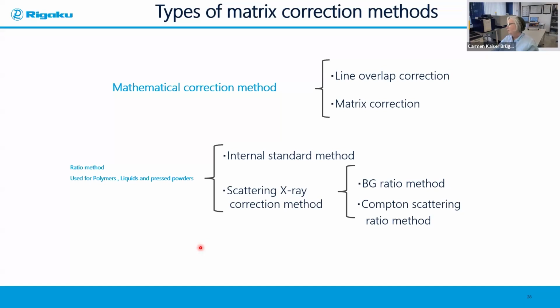Here we would use the Compton line. So, for example, if you have the rhodium tube, you would measure the rhodium K-alpha Compton line, and this would be a matrix correction. A very effective Compton scattering ratio method for trace elements in mineralogical samples.